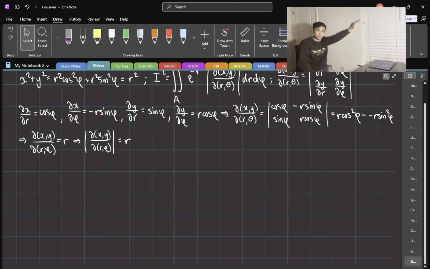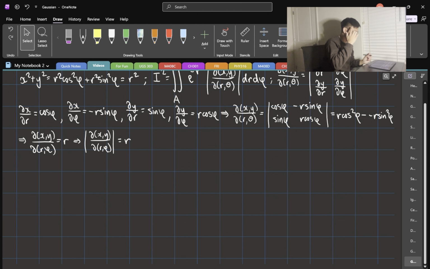So let r go from 0 all the way to infinity. And not only that, you have to let this infinitely long arm sweep around the entirety of the xy plane, all the way around 2 pi. If you can picture that in your head, extend a vector all the way out to infinity. This is the origin, basically a line. Letting r go from 0 to infinity, and then you subtend 2 pi, so you make one full rotation. That's how you cover the entirety of the xy plane.